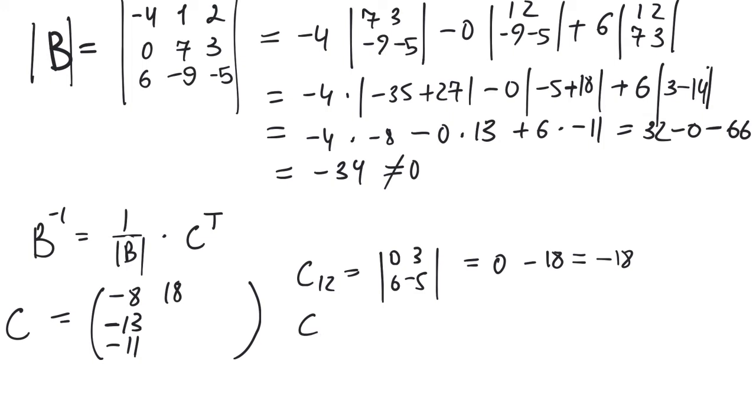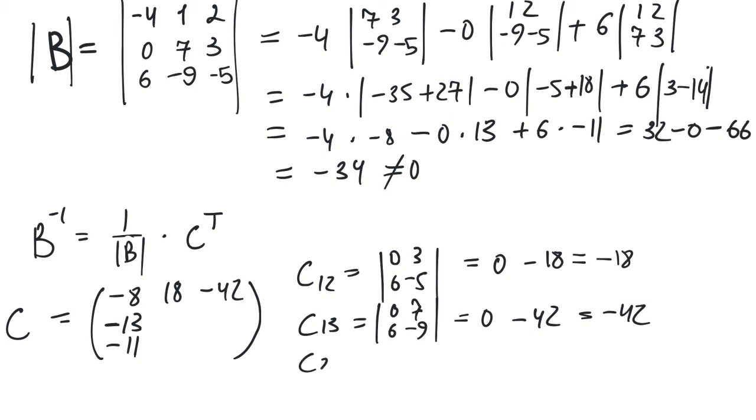Now C13, so the first row and the third column, that's 0, 7, 6, -9. 0 minus 42 equals -42. It's a positive term on our symbol matrix, so it remains a -42.